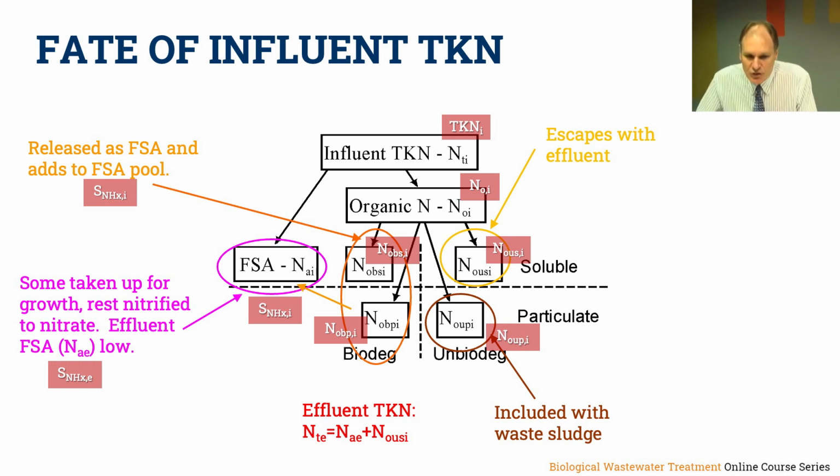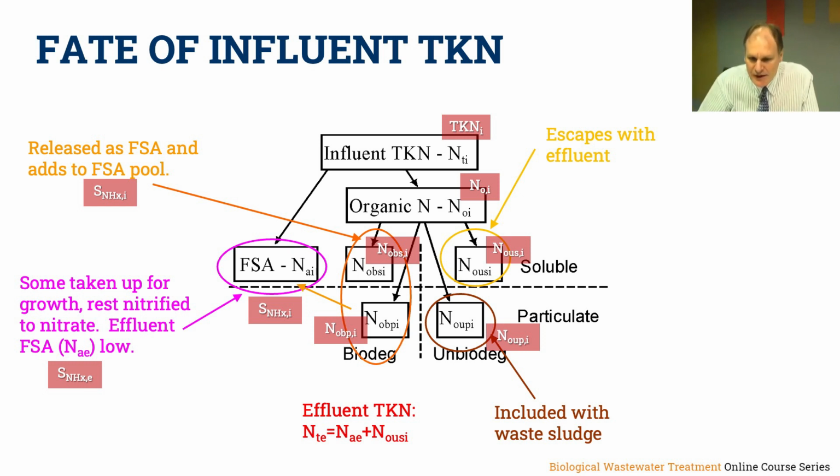So these two components here add to the ammonia pool and increase the ammonia concentration above that which arrives from the influent wastewater. The unbiodegradable dissolved organic nitrogen, of course, nothing can happen to that. It's unbiodegradable and dissolved, and therefore it escapes with the effluent and sets the effluent organic nitrogen concentration.